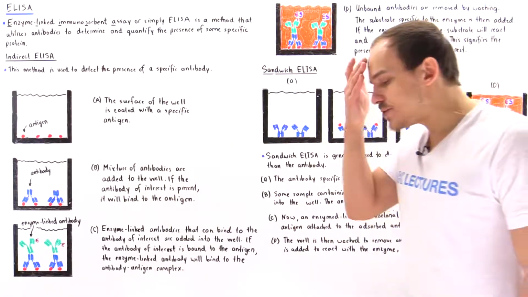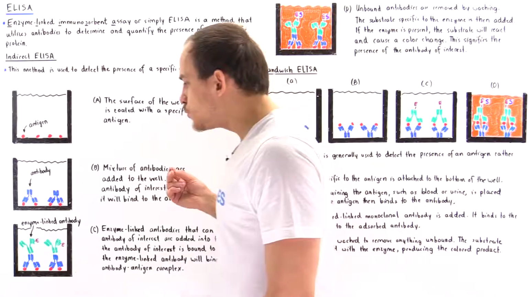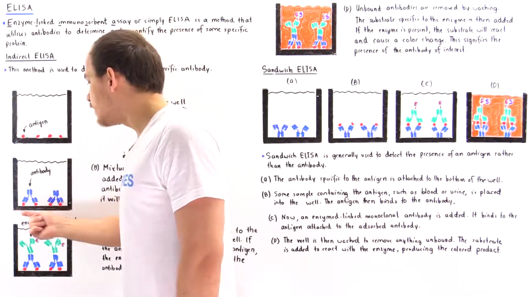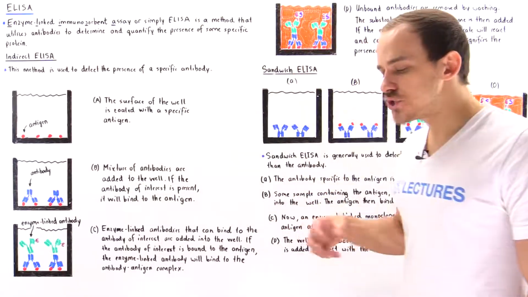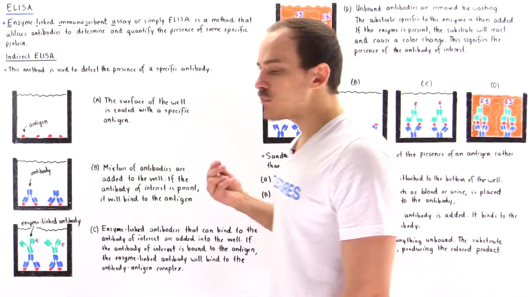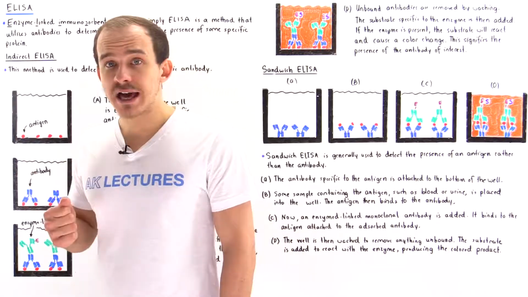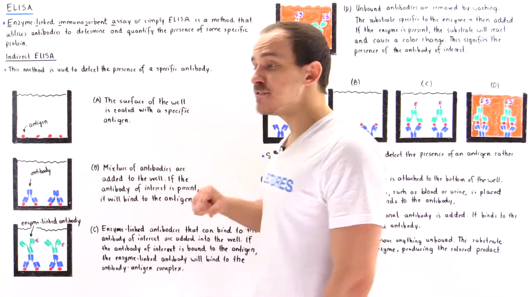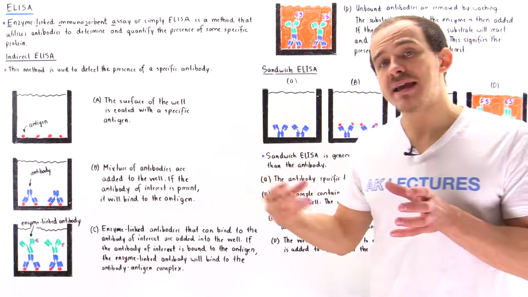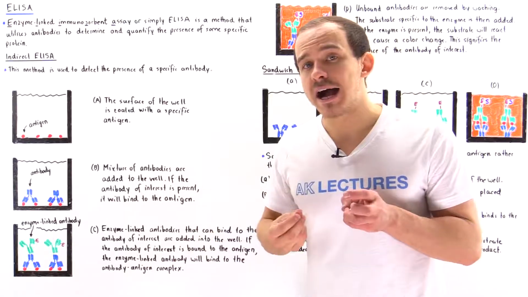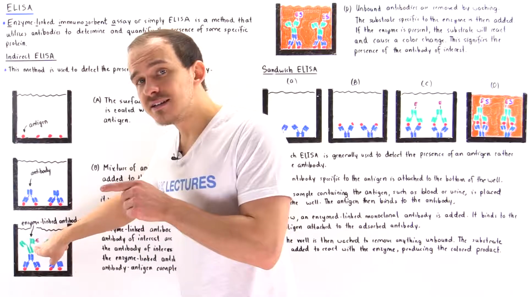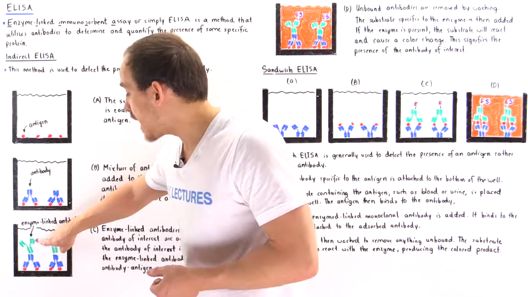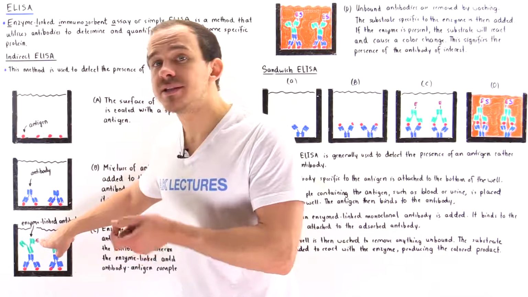Now, the next question is, how do we actually visualize the presence of this antibody-antigen complex? Well, we have to use a special antibody that we produced in the laboratory, manufactured in a way to contain an enzyme. So we have an antibody shown in green, created so that it contains an enzyme attached to it.